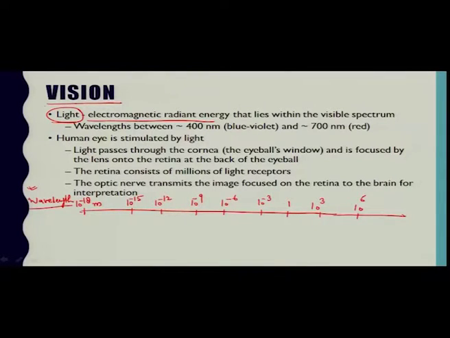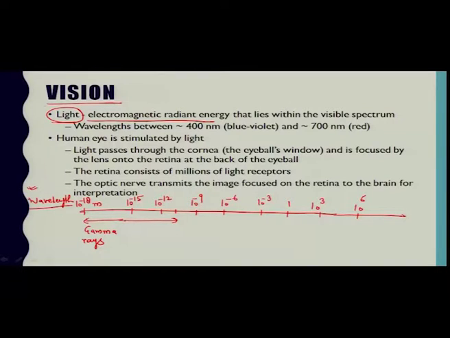As far as other radiations are concerned, the first kind of range is that of gamma rays, ranging from, let us say, 10 to the power minus 18 meter to approximately 10 to the power minus 10.